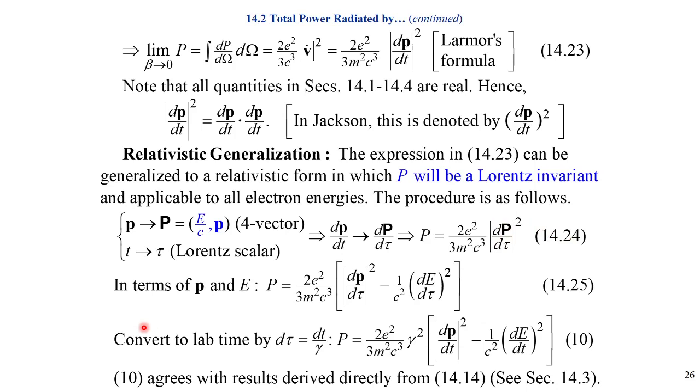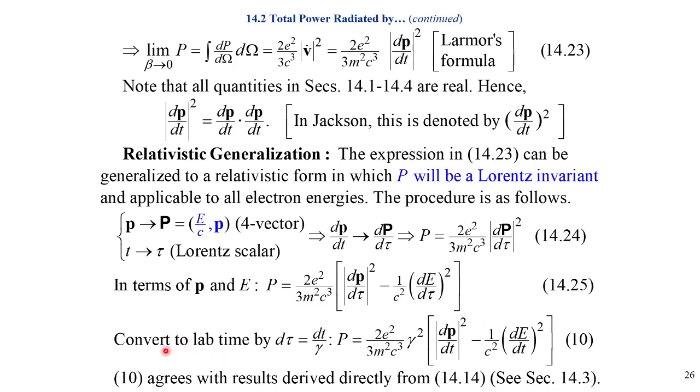Once again, in terms of p and E, we just write it down. It looks like this one. Wow, the proportional constant is the same. dP absolute value squared, 1 over c squared because of this one. Okay, you can check chapter 11 and you can find this one.